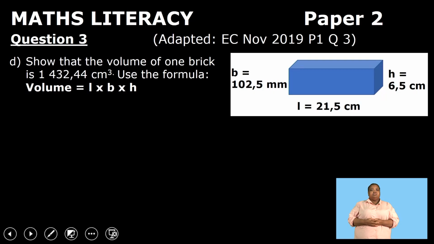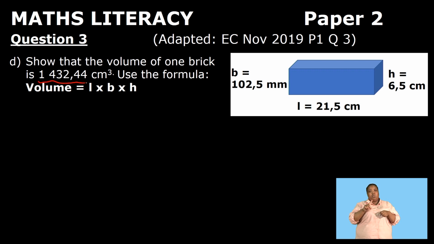Show that the volume of one brick is 1,432.44 cubed centimeters. Use the formula volume is length times breadth times height. So now we want to show the examiner that the volume is 1432.44. So meaning we need to get to this as an answer.